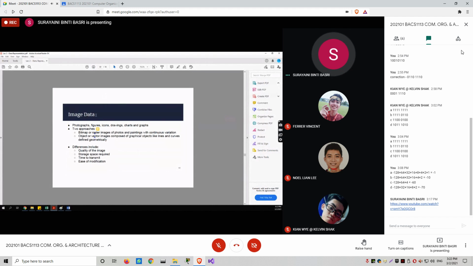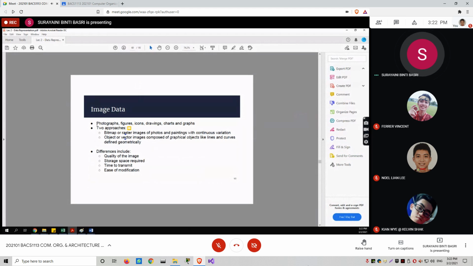Okay, so image data is, as you all know, the image can be a photograph, any figure, icon, drawing, chart, or graph. So there are two approaches of how all of this image data can be stored in our computer.